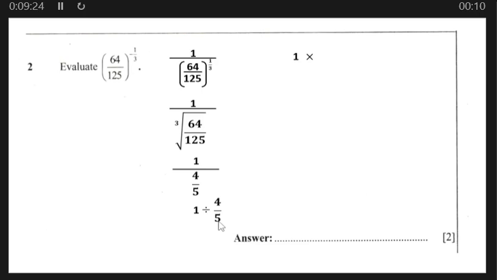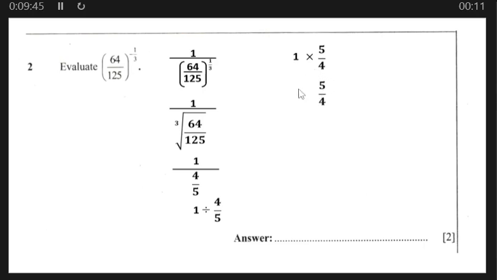The number that was the denominator becomes the numerator, and the number that was the numerator becomes the denominator. So we have 5 over 4. Then we multiply 1 times 5, which will be 5 over 4.